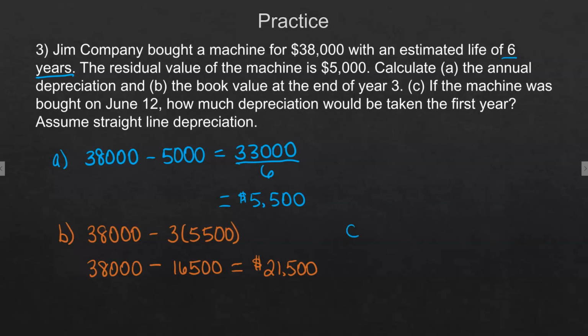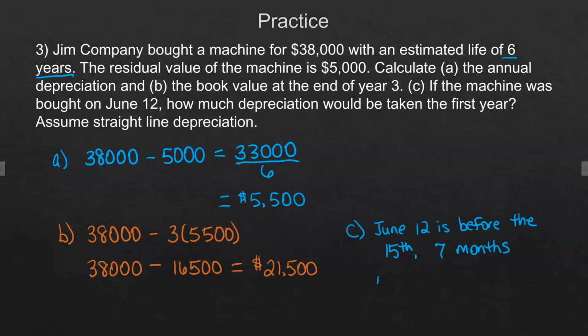Part C says, if the machine was bought on June 12th, how much depreciation would be taken the first year? June 12th is before the 15th. So that means we'll take that month in depreciation, and that would be 7 months. You can always just count this up on your fingers if you need to.